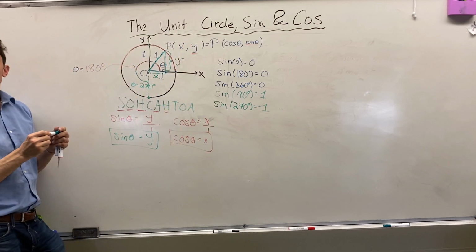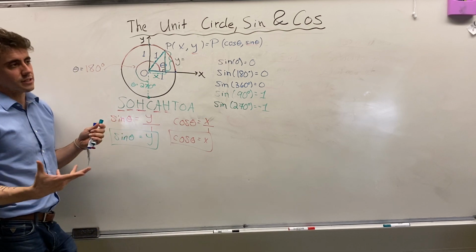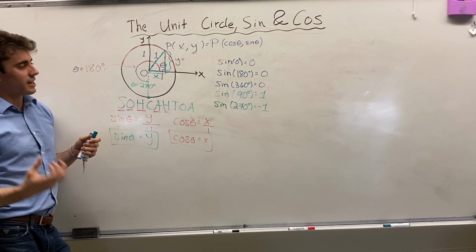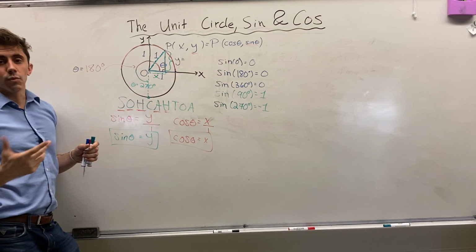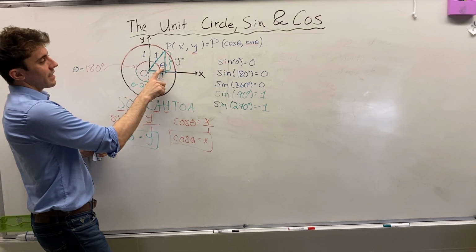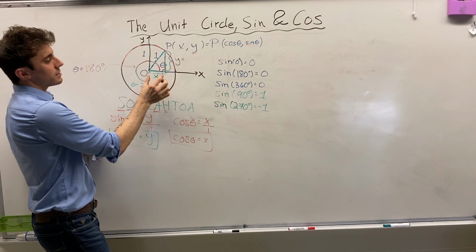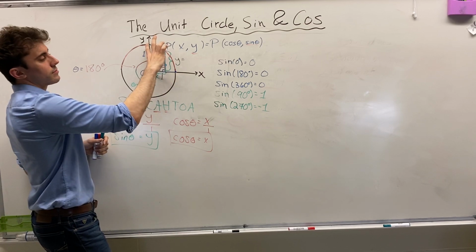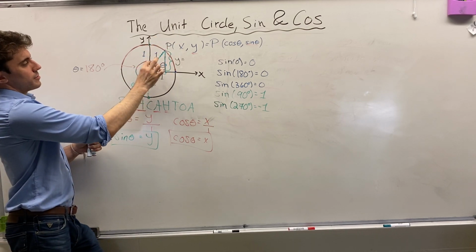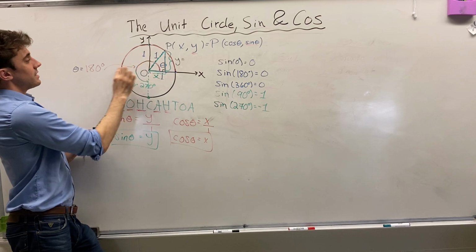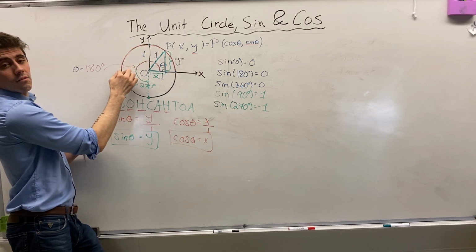Okay? And from there, that's where the foundation of your knowledge and your connections from the unit circle to the sine and cos values will come from, because you know that for any theta angle between 0 and 90, sine has to be between 0 and 1. Then any theta angle between 90 and 180 has to be between 1 and 0.